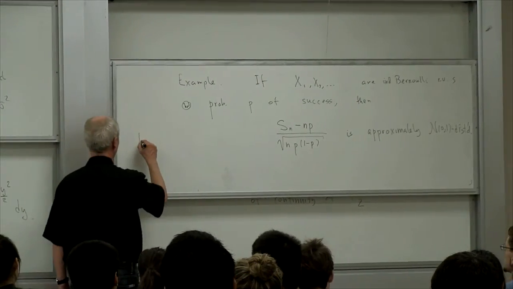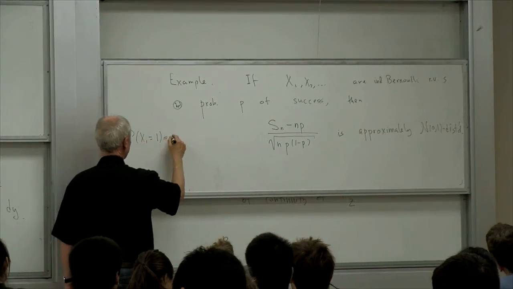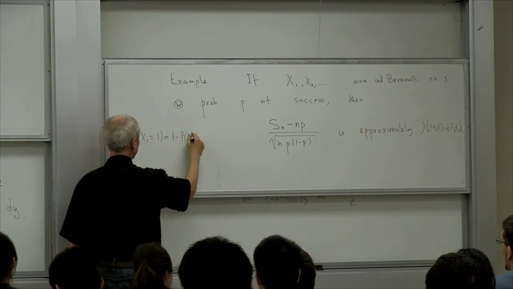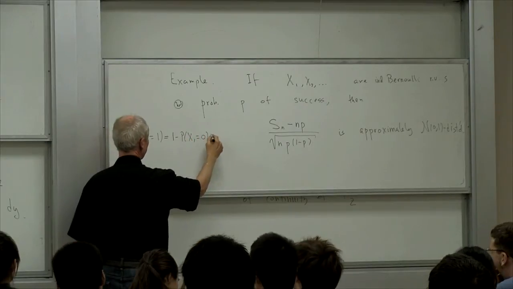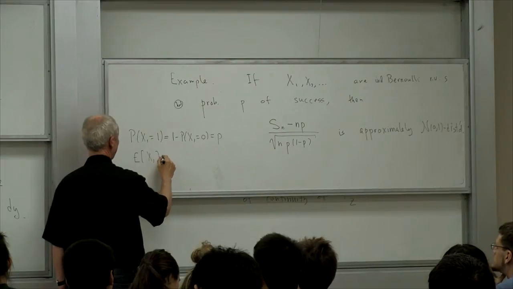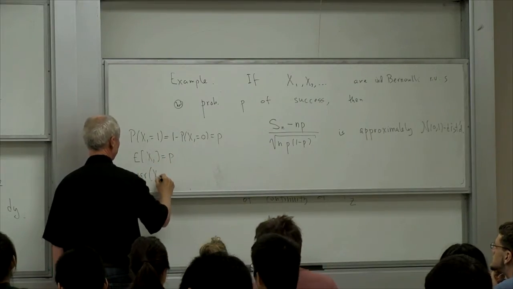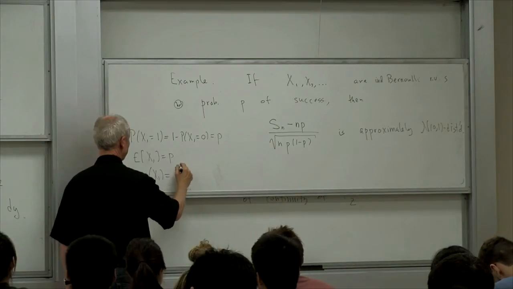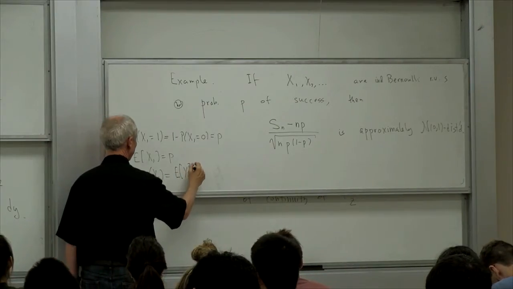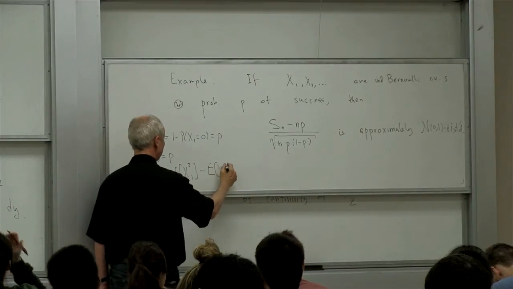Remember, for Bernoullis, the probability that x1 is 1, which is 1 minus the probability that x1 is 0, is P. So the expected value of x1 is P. The variance of x1 is the expected value of x1 squared minus the square of the expected value.